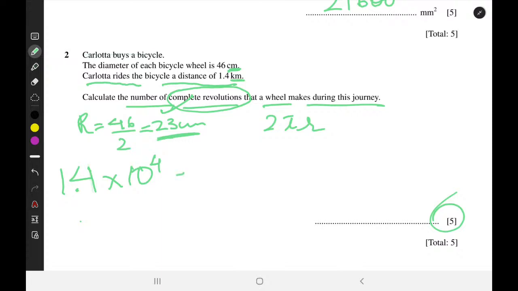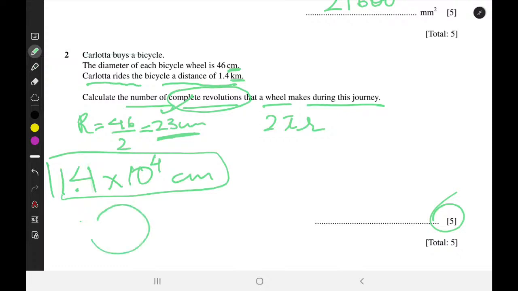So you can leave it as it is. We don't need to change it from standard form, because it's going to be hectic for us. So now I have converted this to centimeter. Basically this is the total amount, the addition of all the circumferences.